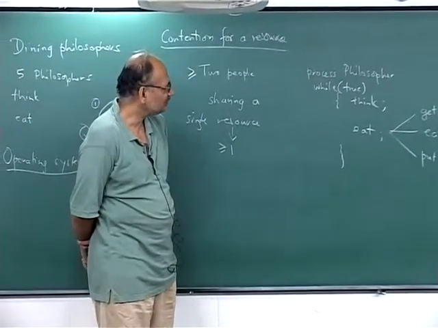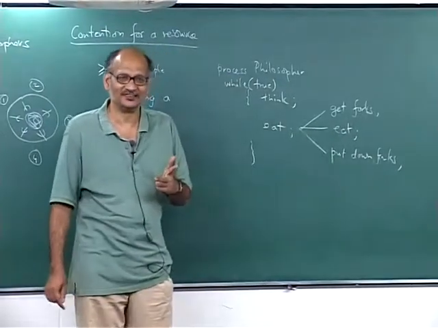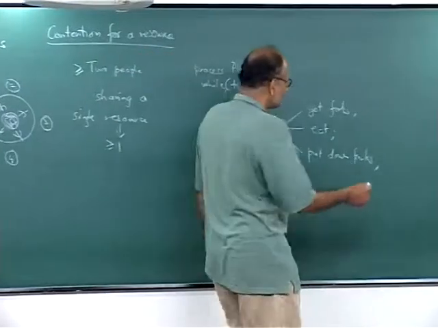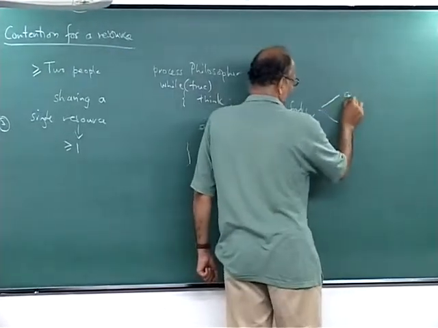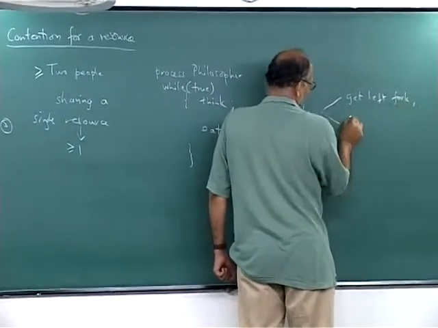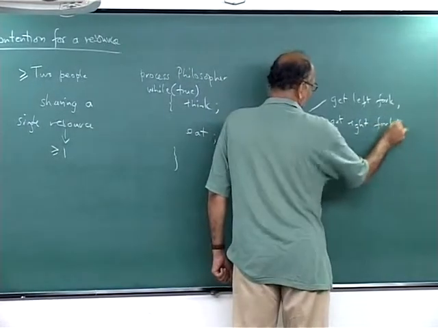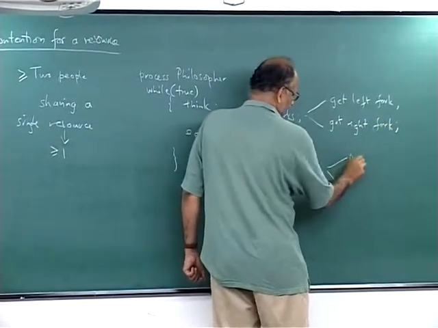This is complicated because first of all there are 2 forks, so let's first split this. Similarly, this will become the other.